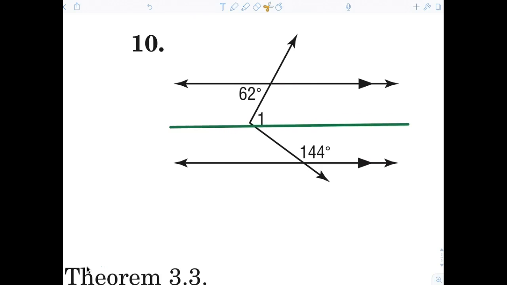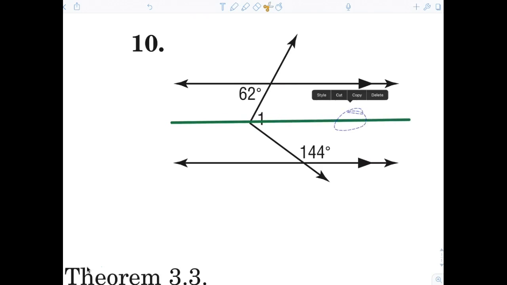So we're going to draw the auxiliary line or the parallel line. So if this right here is 62 degrees, and if that's 144, that has to be 36. Both have the little triangles? Yes. So let's do that now. Is everybody okay with that so far?